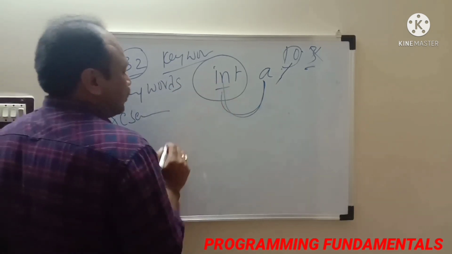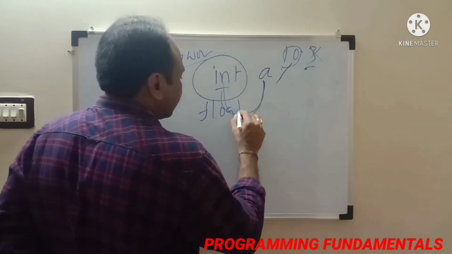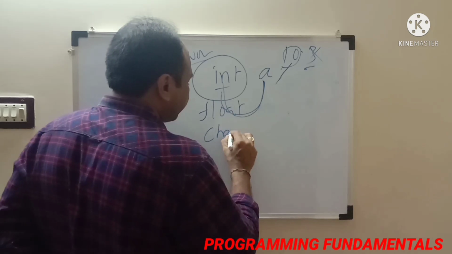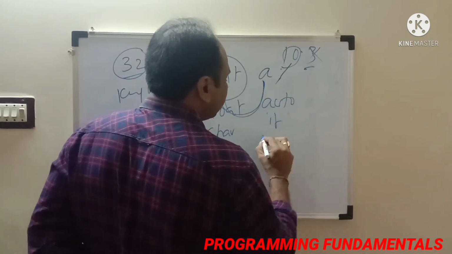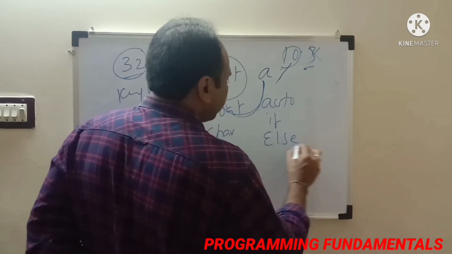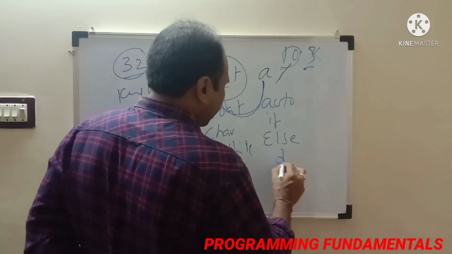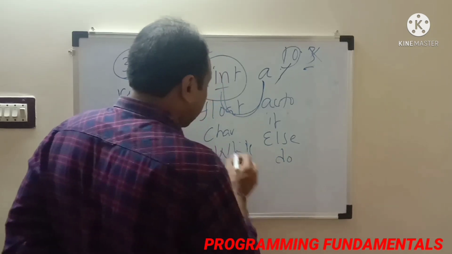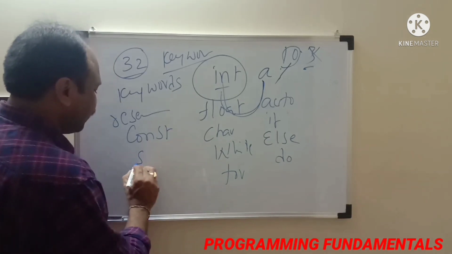Some of them are int, float, char, auto, if, else, while, do, for. Just now to declare a constant, we used const, and then switch.